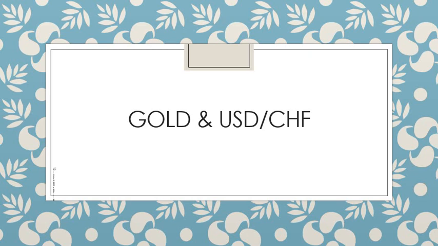Another reason behind the negative correlation between gold and USD CHF is that 25% of Swiss reserves are backed by gold. As gold goes up, the pair goes down. By the pair I mean USD CHF.